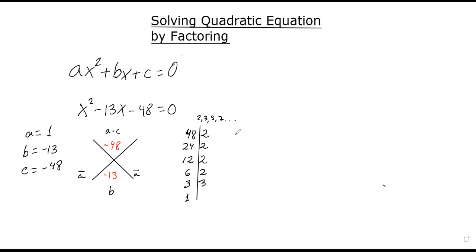So I'm going to start with 1 times something, that is 1 times 48, is going to give me 48. That's always the starting point. Then I go with 2. 2 times something that is 48. So if you see here, you have all the numbers here.